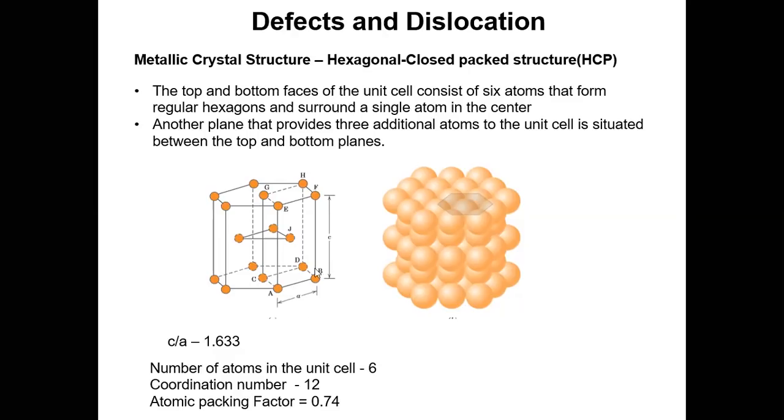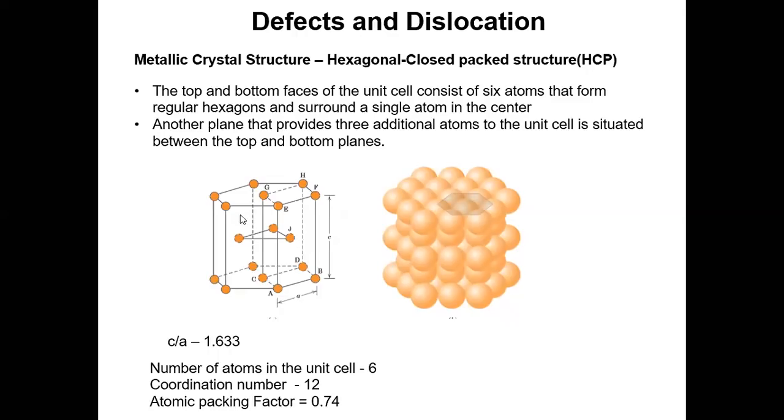If you calculate the number of atoms in the unit cell, the face atom at the center is shared by 2 unit cells. So here is 3, here half, then altogether 4.